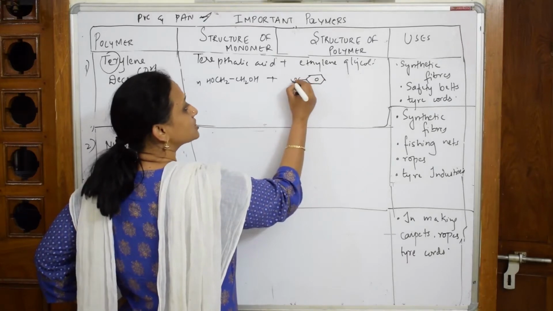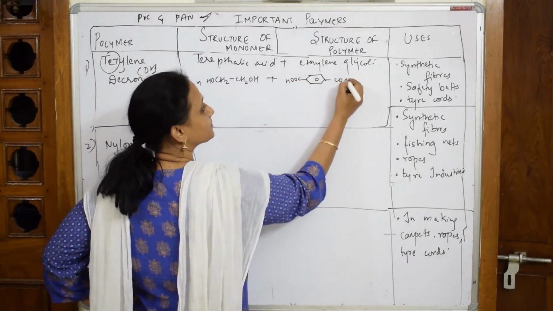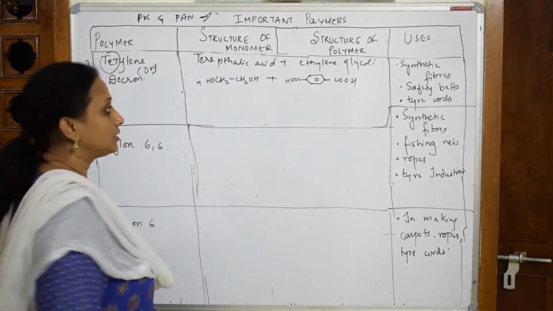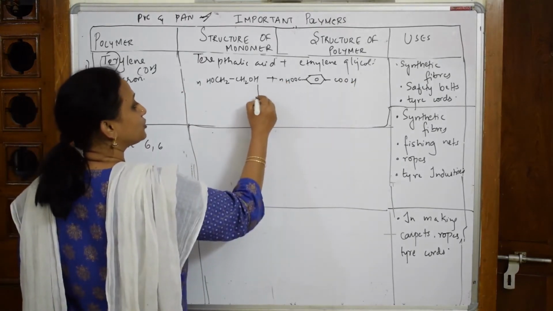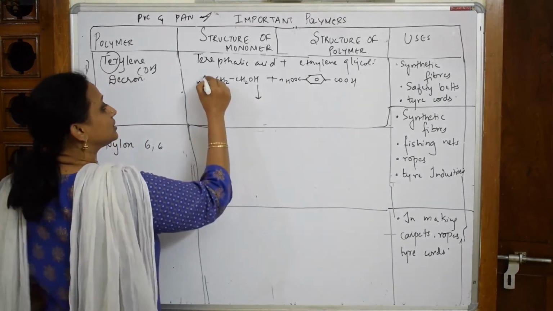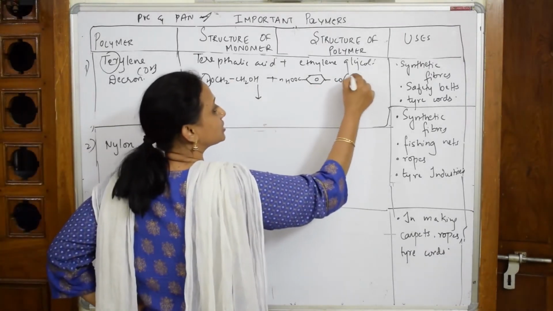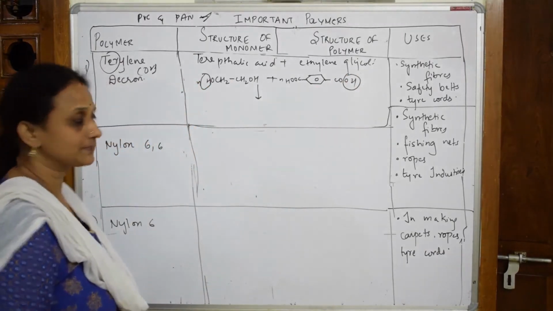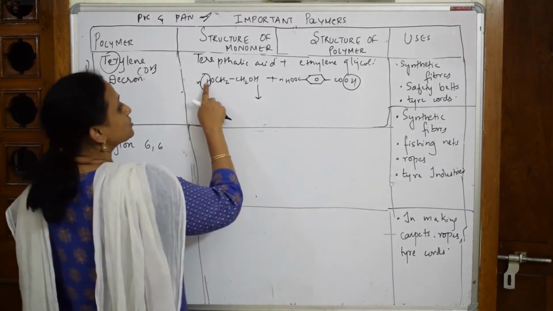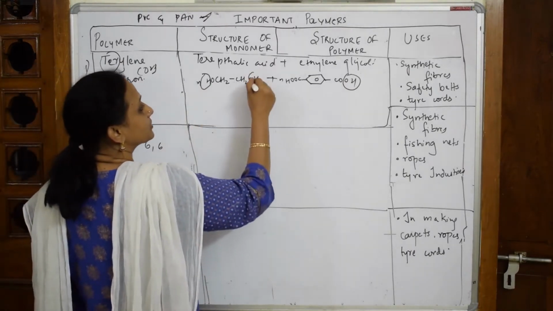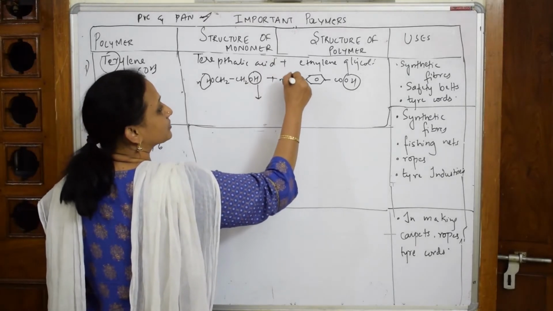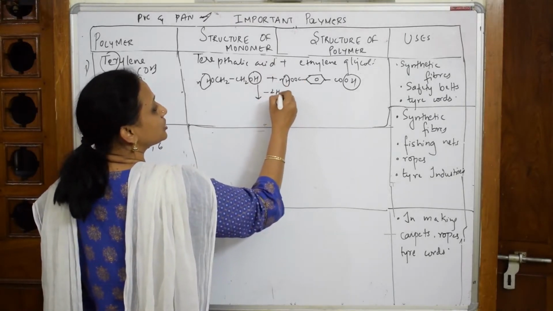You have carboxylic groups on both the sides. This is also n moles. Now, during condensing, look here, this H and this OH condense. It's lost. Second, because you have lost one H from here, try to take out OH from here and H from here. That means 2 water molecules have been lost.